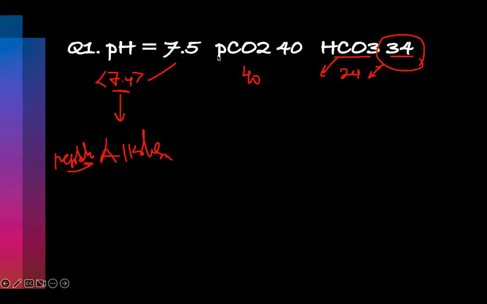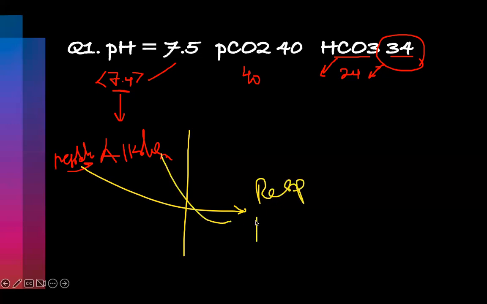So now I have metabolic alkalosis. Then you do your compensation. You're not done. Don't select the answer. If you have metabolic alkalosis, you draw it. What does metabolic become? Respiratory. What does alkalosis become? Acidosis. And we all know what gives you respiratory, CO2.